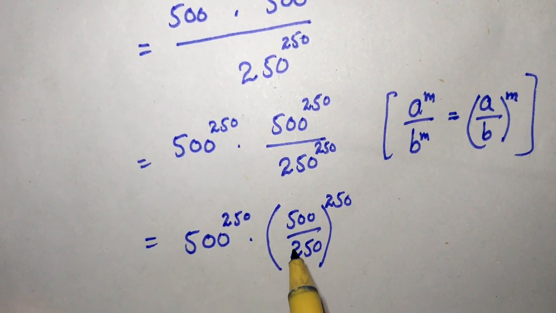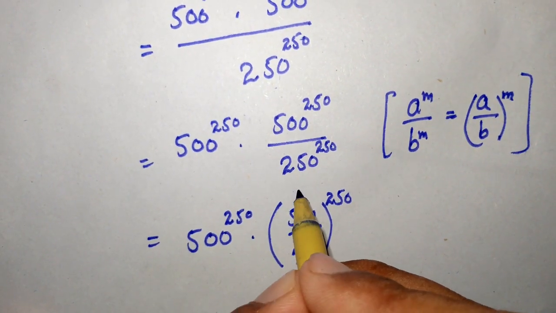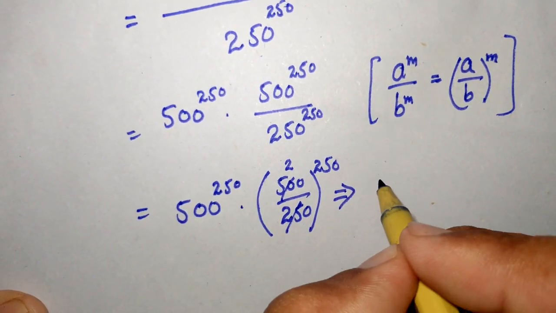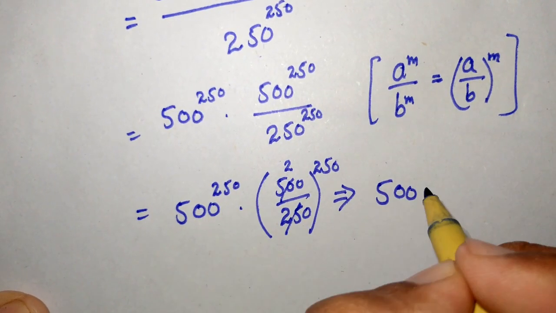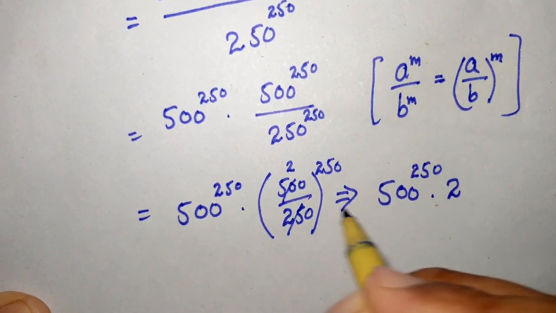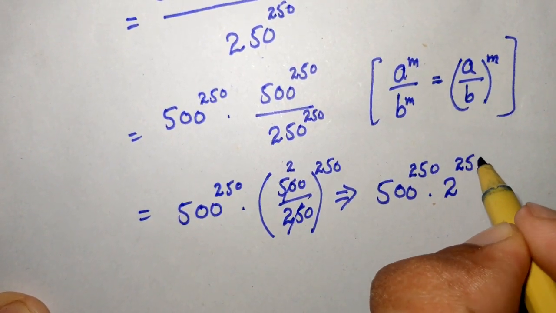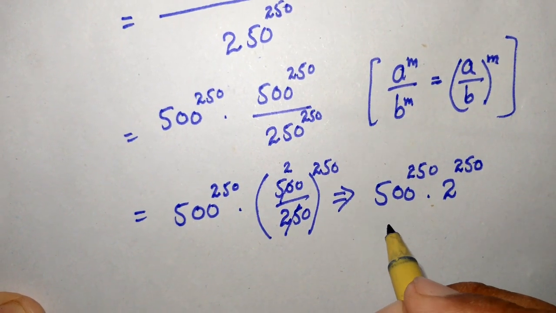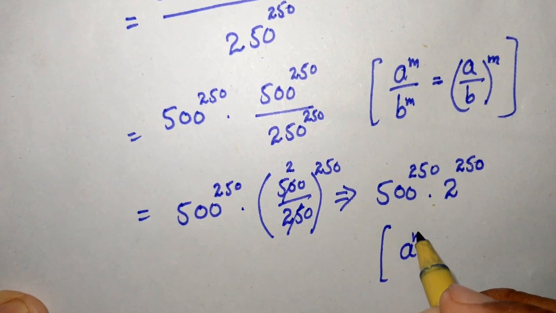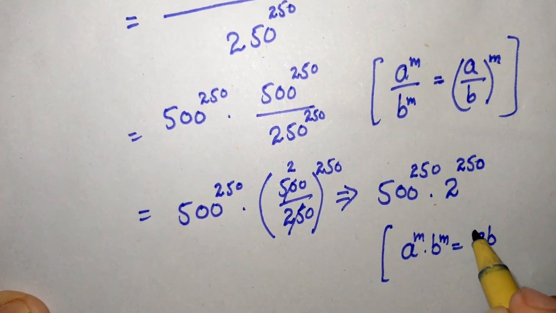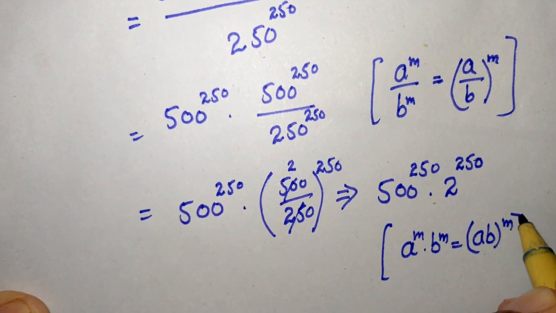Now we know that 250 times 2 is equal to 500. So this will become 500 to the power of 250 times 2 to the power of 250. Now here we have to apply the condition a to the power of m times b to the power of m is equal to (ab) to the whole power of m.